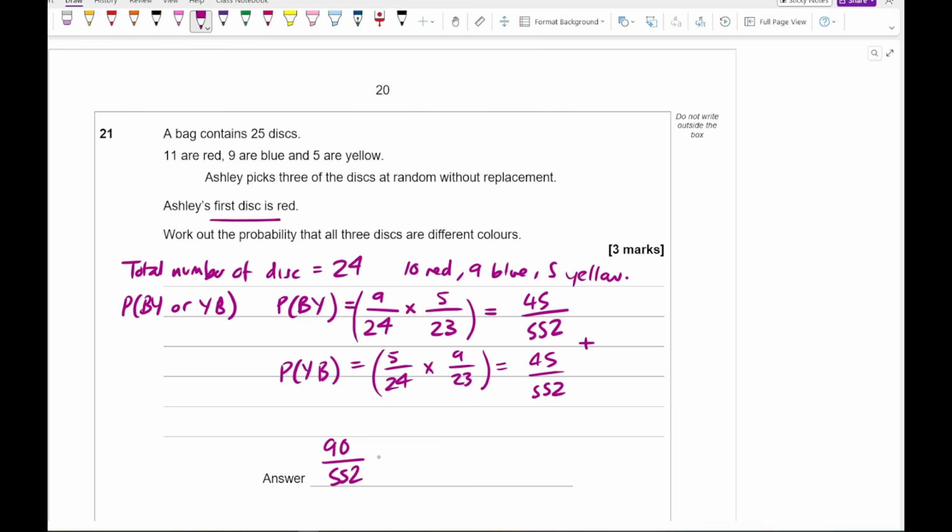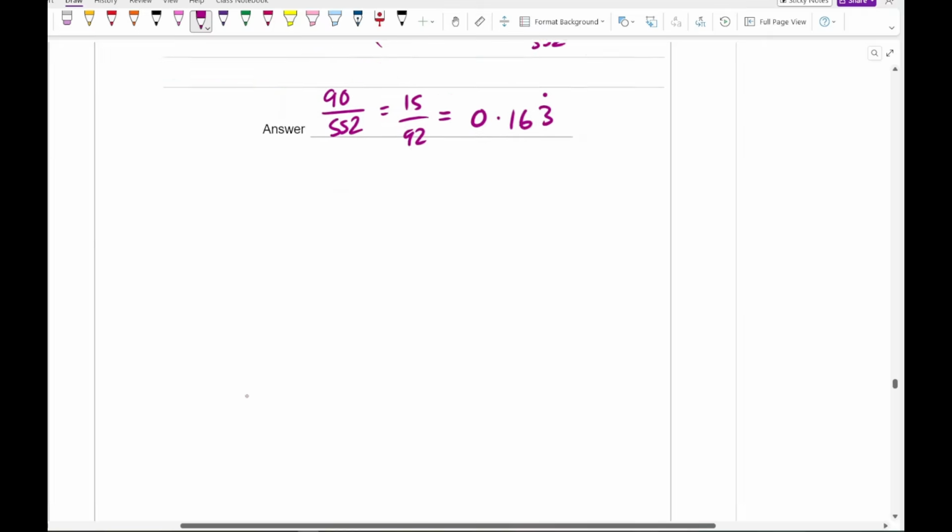I can simplify that fraction, in which it simplifies to give me 15 over 92, or I can write it as a decimal, which is 0.163 recurring. So any of those would be absolutely fine for your answer.